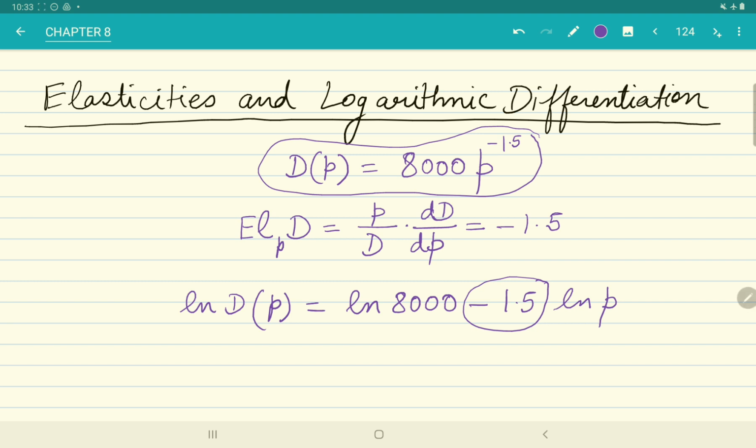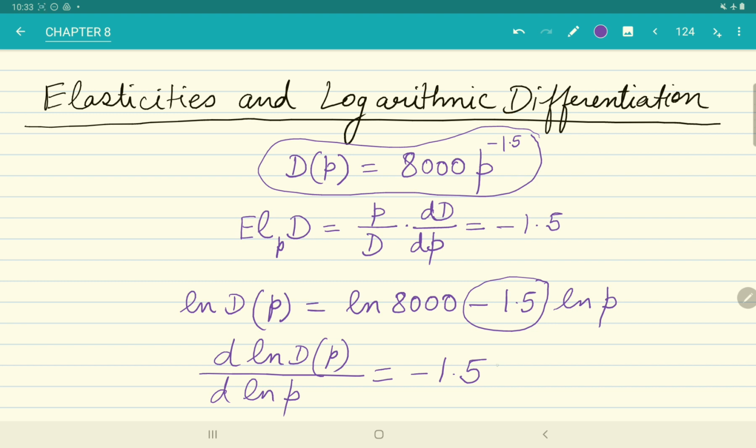And -1.5 is also the elasticity. That means the elasticity of demand with respect to price is equal to the logarithmic derivative, d ln D / d ln p, which is equal to -1.5.